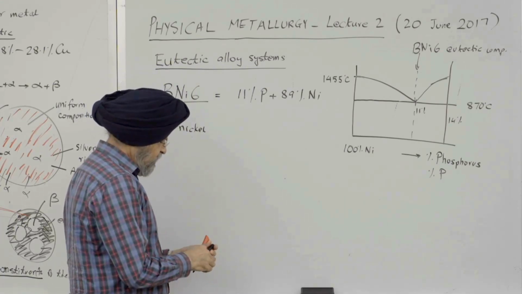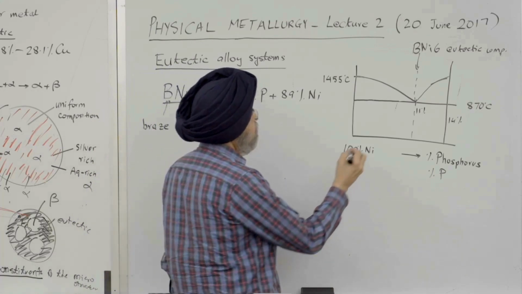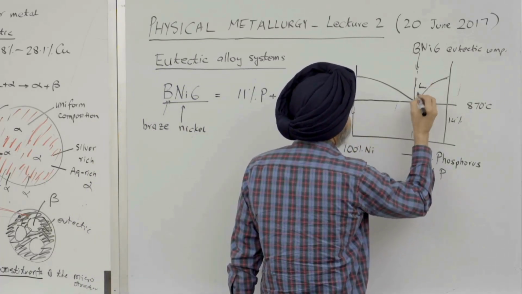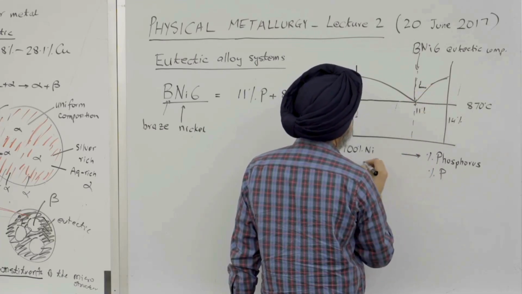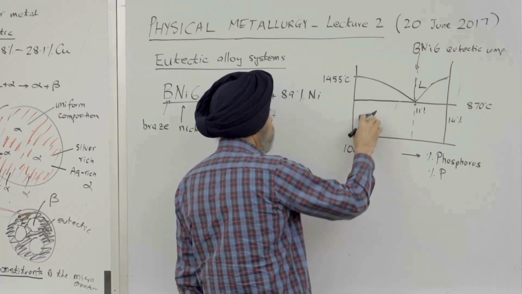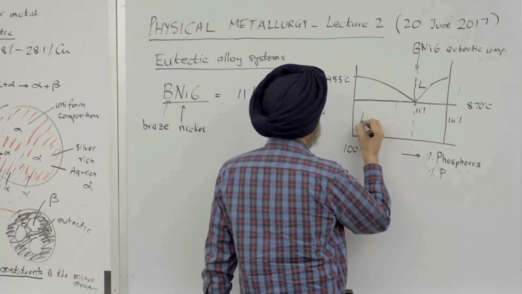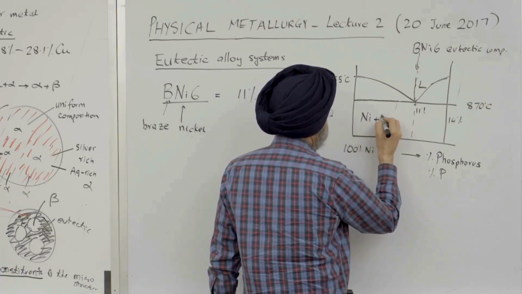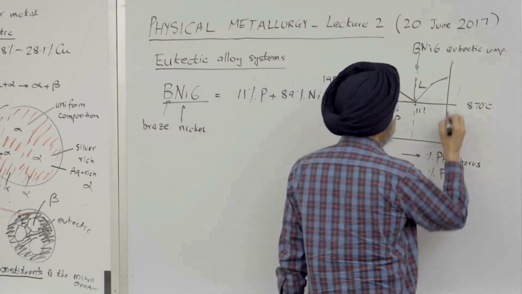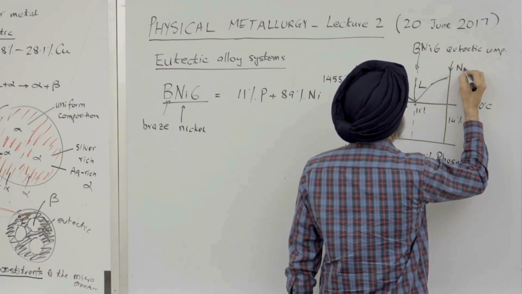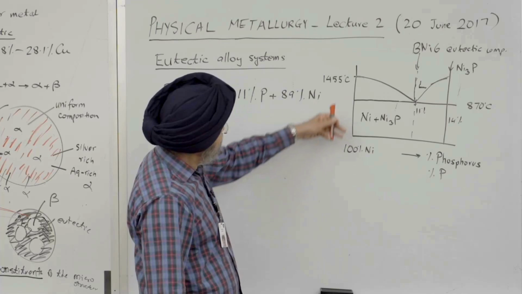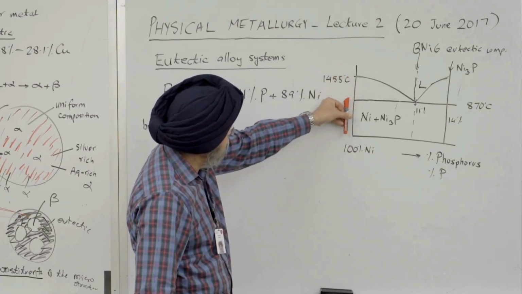So the problem with this is, notice as we cool down up to this point we have liquid, and then below this point we have, I'll call it just nickel plus Ni3P. So this composition is Ni3P. So we have a pure nickel line, right? 100% nickel.